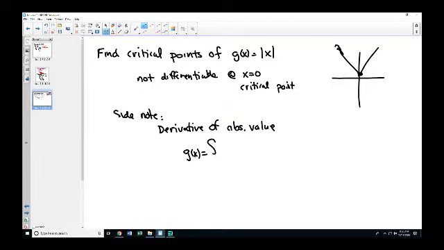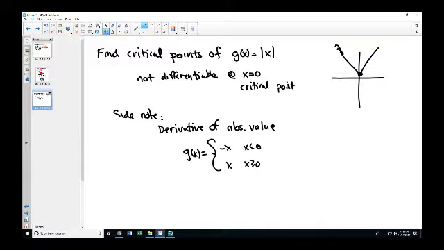It's a piecewise function. On the left side, what's that function? It's the negative. Right? And on the right side, it's positive. So all you do is split it at the critical point, or where it's not differentiable. Left side's negative, right side's positive.